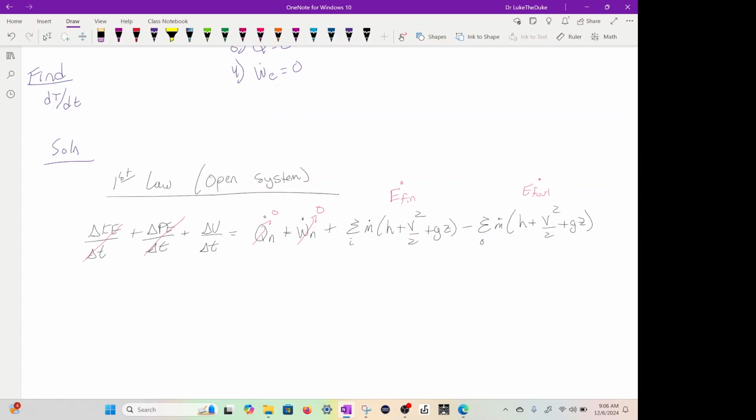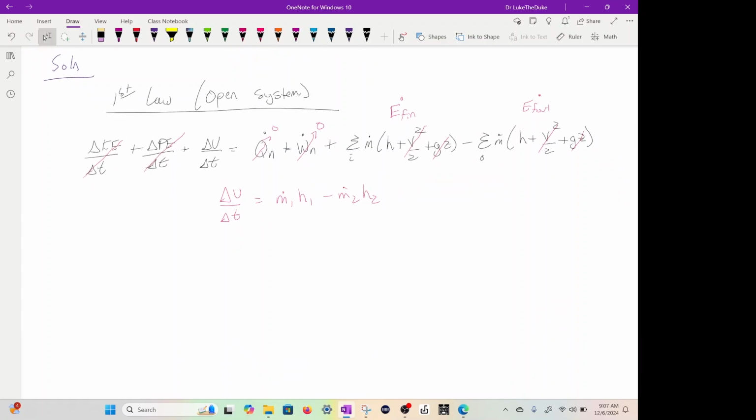However, we can cancel some stuff. The pipes are the same, so the velocity in and out are the same. We're neglecting any elevation changes, which we'll put here. They're small. So we only have enthalpy and internal energy. Let me rewrite this. dU over dt is m dot 1 H1 minus m dot 2 H2.